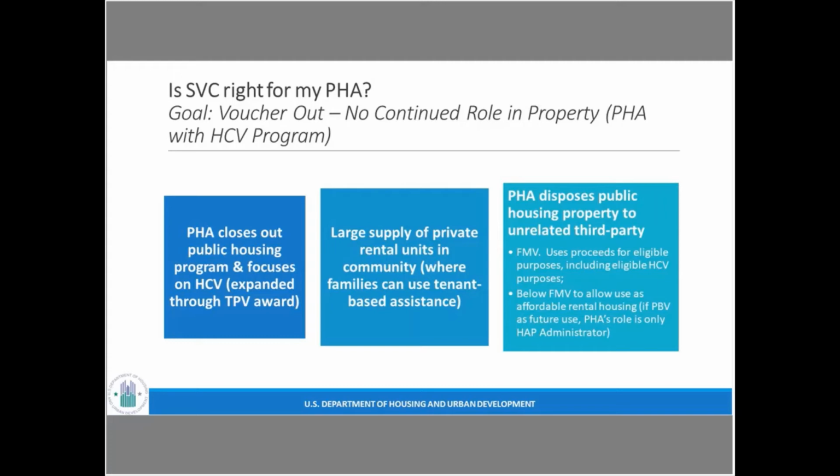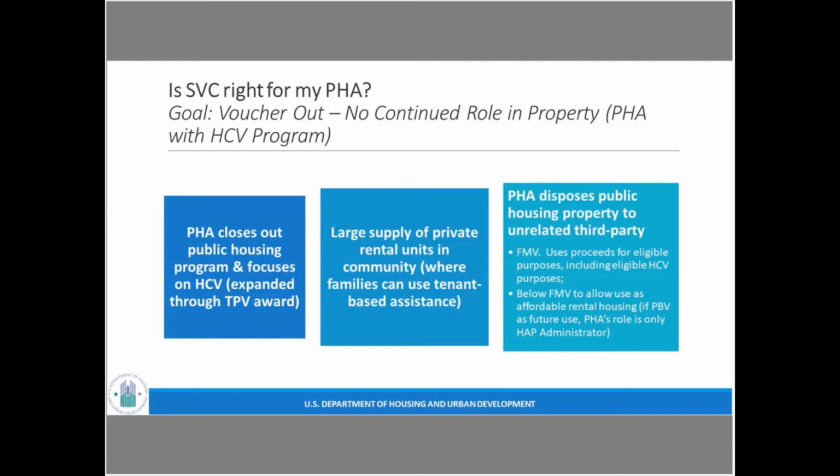Alternatively, maybe a developer or anyone else thinks the property would be great as continued affordable housing, and the housing authority is amenable to selling it to another unrelated third party at below fair market value, so that third party can use it for affordable housing.